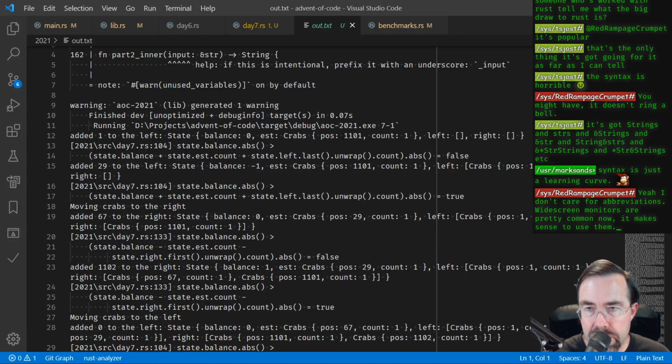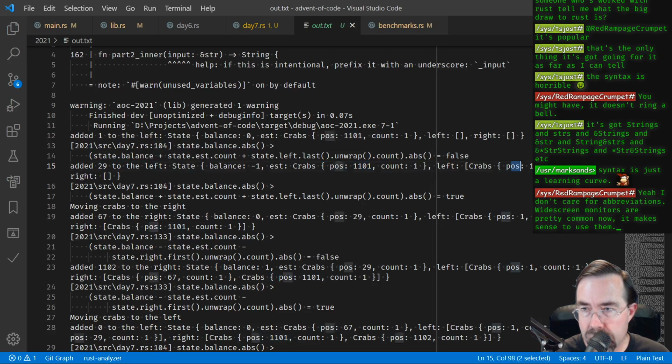So we have 1101. And then added 29 to the left. Oh, we forgot to show that we added 29 to the left.